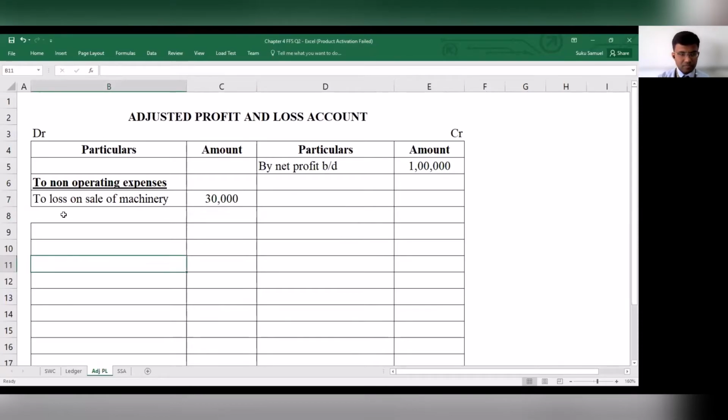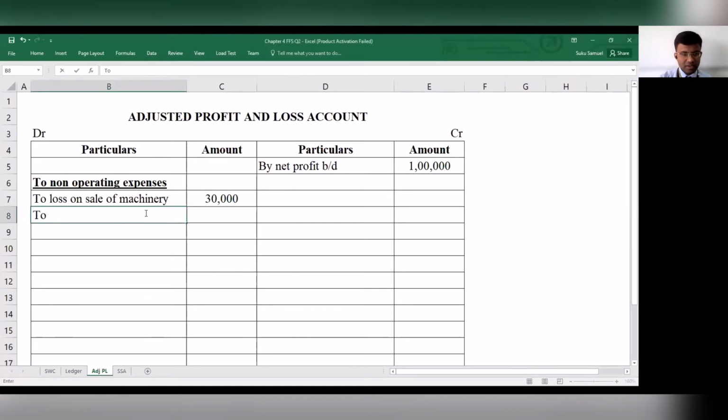Next, what else do we have? That's the only expense that we have.